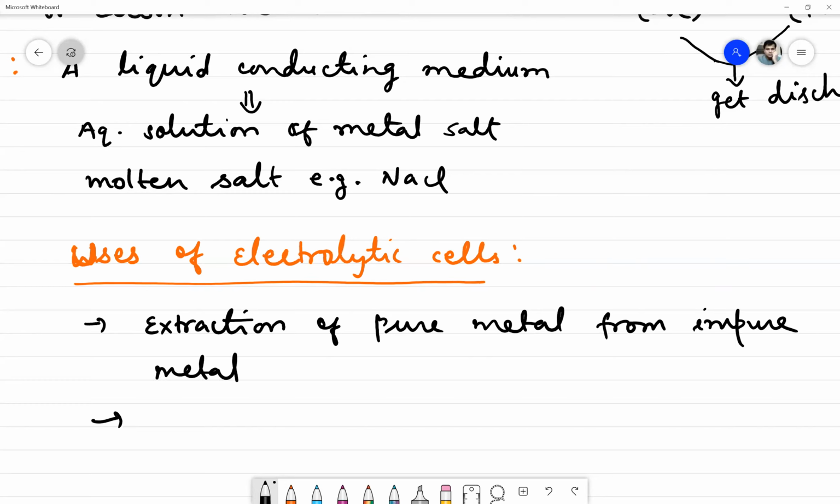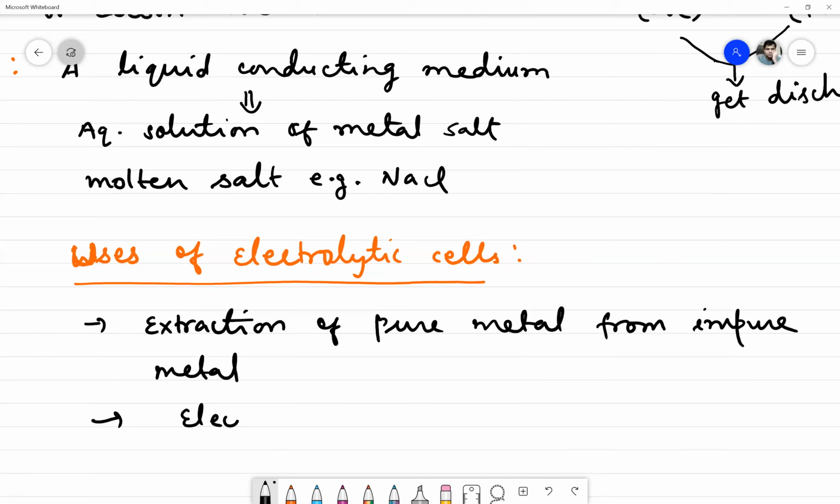They are also used for electroplating. Electroplating is a process in which a base metal is coated with another, coating metal.